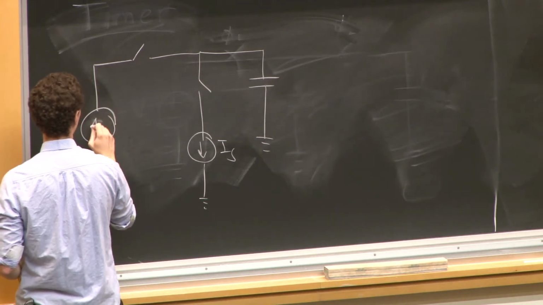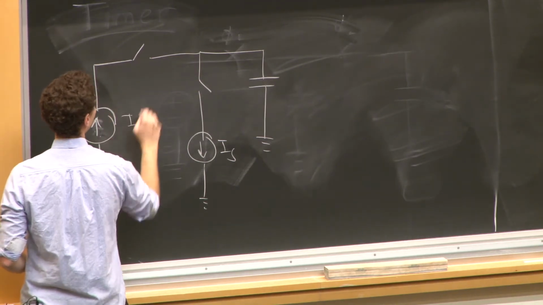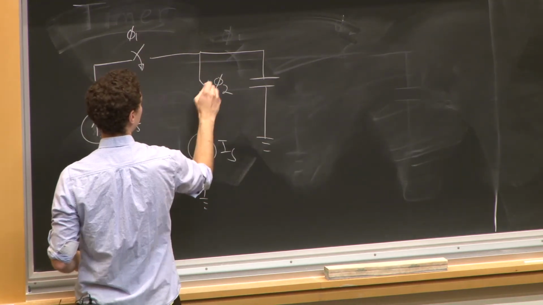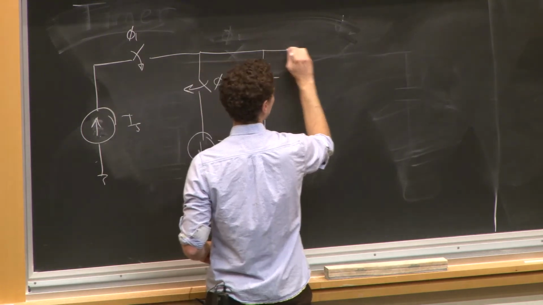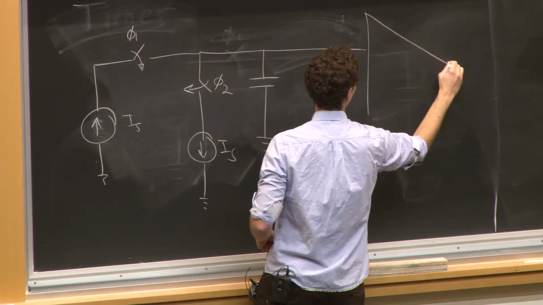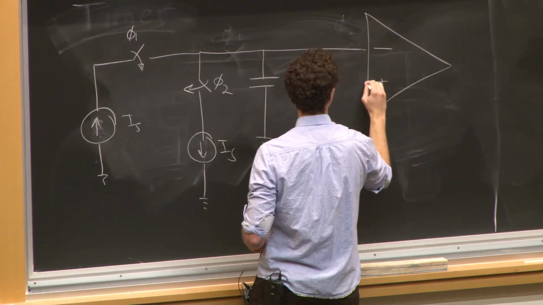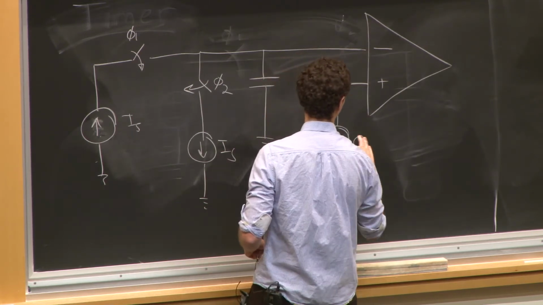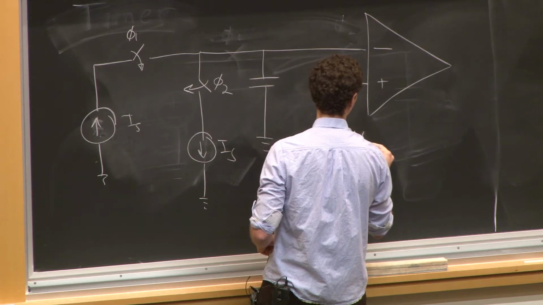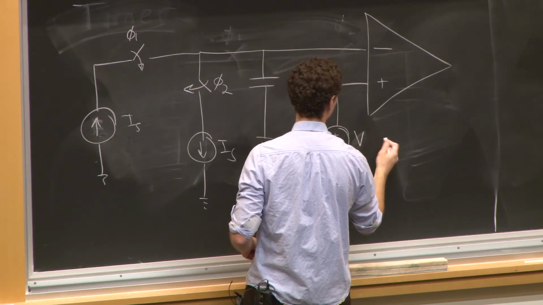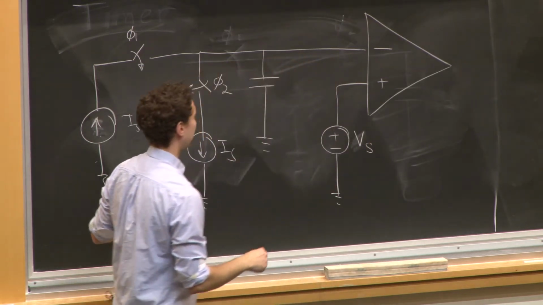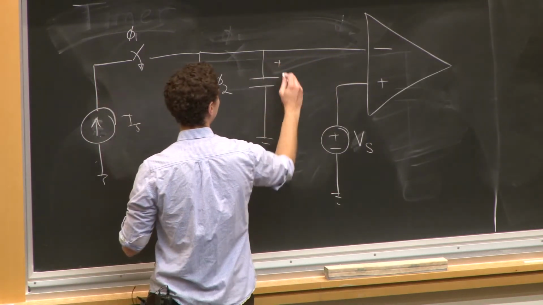Oops, wrong way. Phase 1, phase 2. I take this and I connect it to a comparator. Let's call this V sub S. That seems fine.